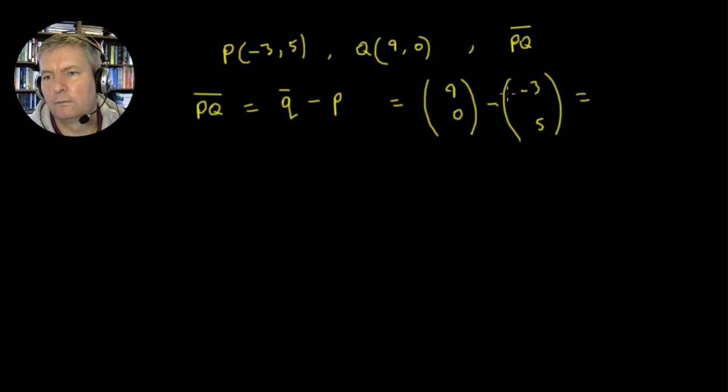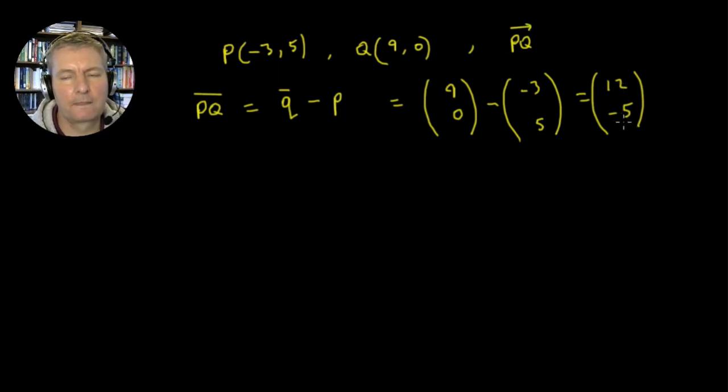So that's going to equal 9 minus minus 3, which is 12, and 0 minus 5, which is minus 5. So it means that the vector PQ is equal to 12, minus 5. So this is the answer here.